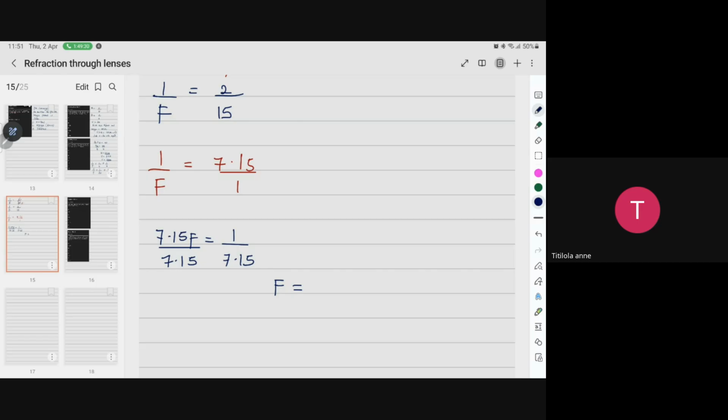I don't have a calculator, but let me try. But is this 2 over 15? Let me use mine, I'm doubting you at this point. Okay, 2 over 15 is 0.133.